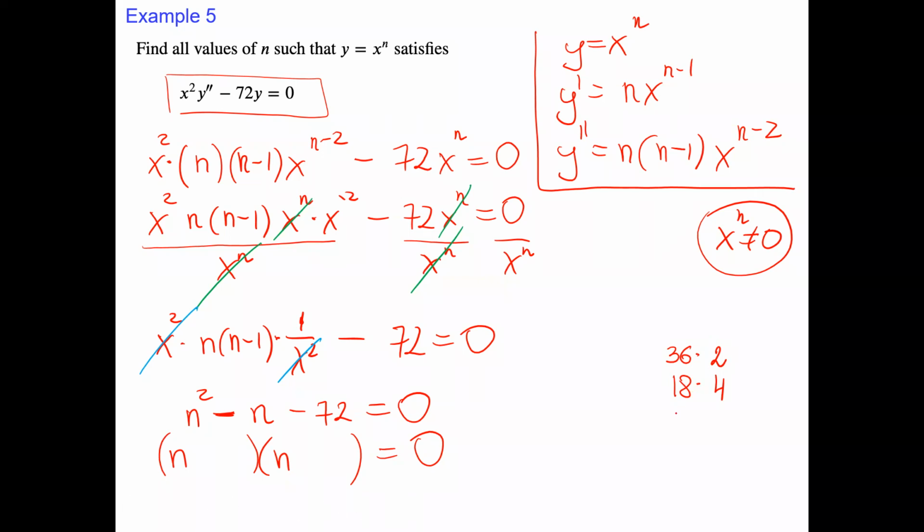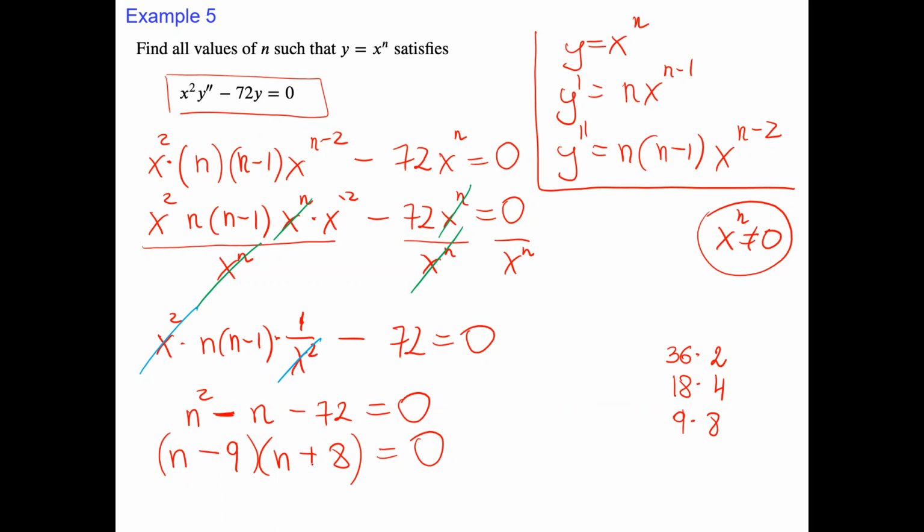Now I can say 9 times 8, correct? Which actually I should have said right away. I don't know why I didn't. 9 times 8, oh my gosh, is 72. And the difference between them is definitely 1. Let's figure out the signs, negative, positive. I don't know, for some reason I thought about some huge numbers.